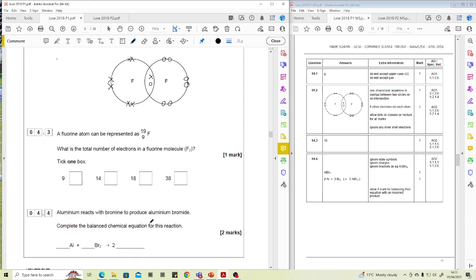So a fluorine atom can be presented as 19,9F. So let's just check the names of these. So this is the atomic number, but you call it proton number in physics. And this is the mass number. And the atomic number gives you the number of protons, which in a neutral molecule, the number of protons equals the number of electrons.